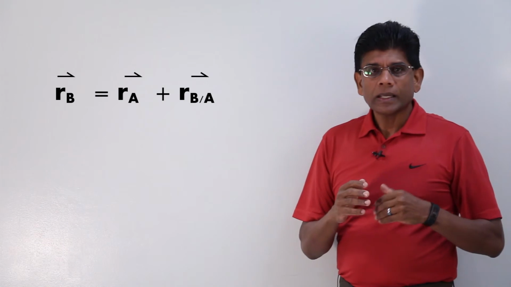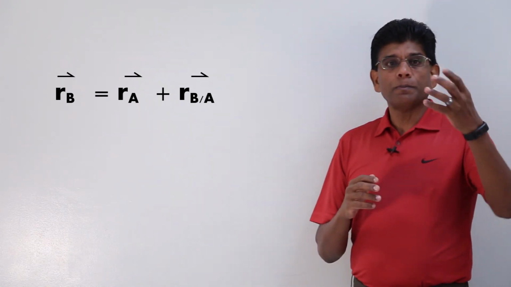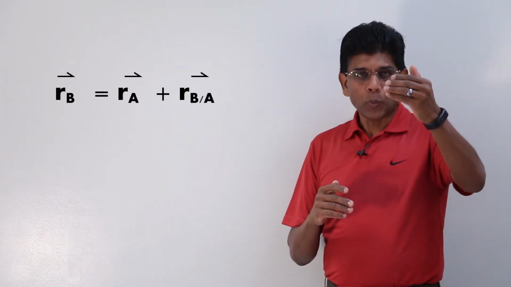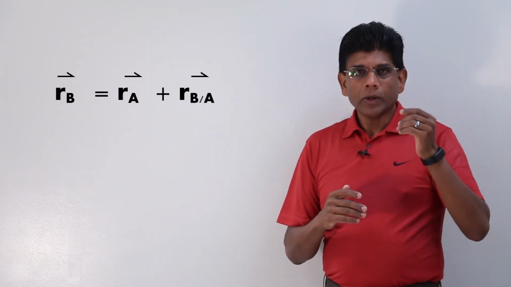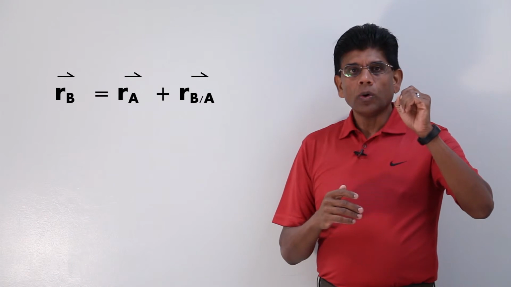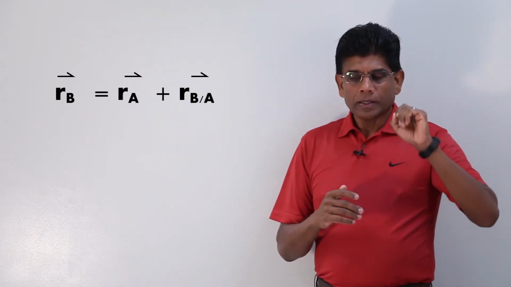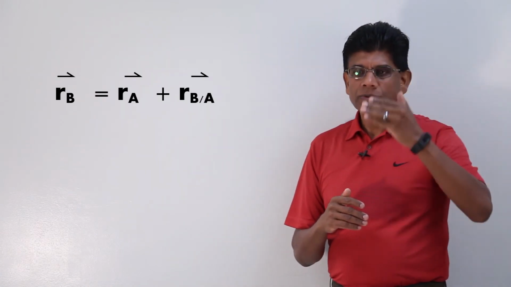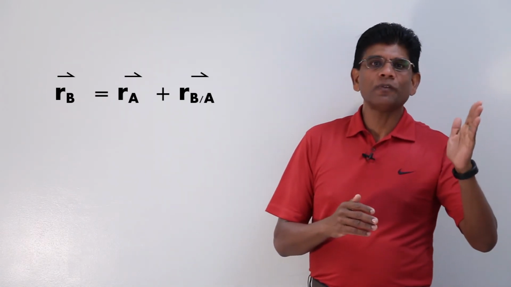As you can see, now the new equation is r sub b is equal to r sub a plus r sub ba. Notice there is no 0 in this. r sub b means its absolute position of train B with respect to a fixed frame.